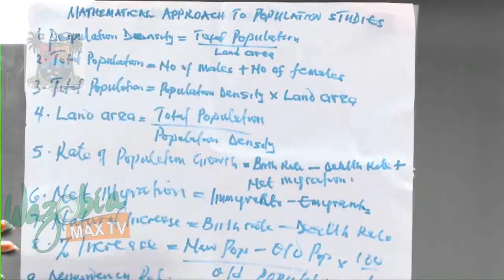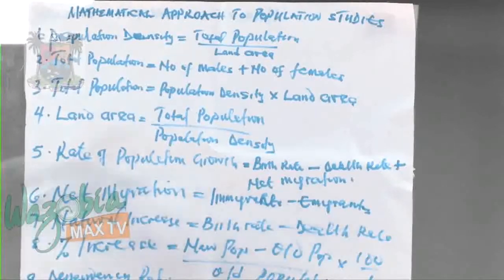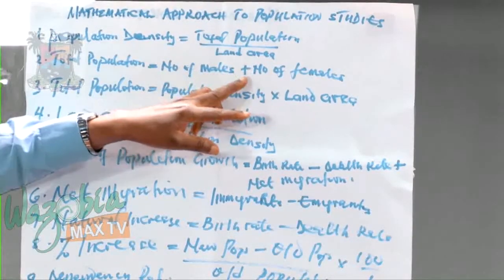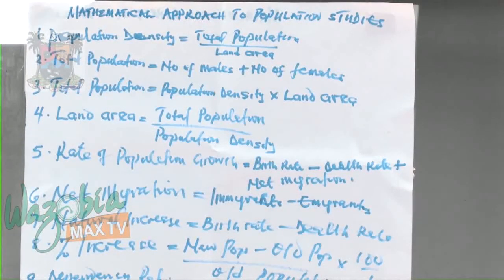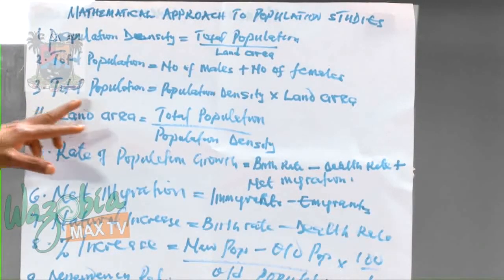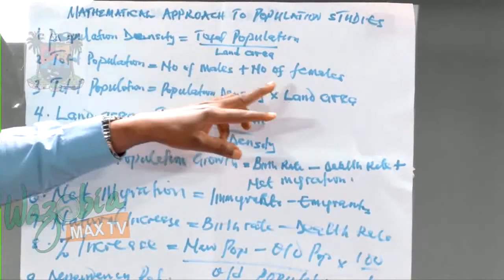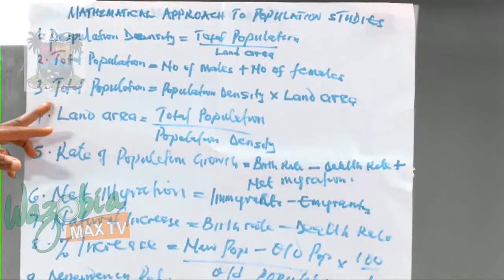That will give you population density. Number two, total population. To get the total population of a country, it will be number of males plus number of females. Or total population can be derived by population density multiplied by land area. That will give you total population.